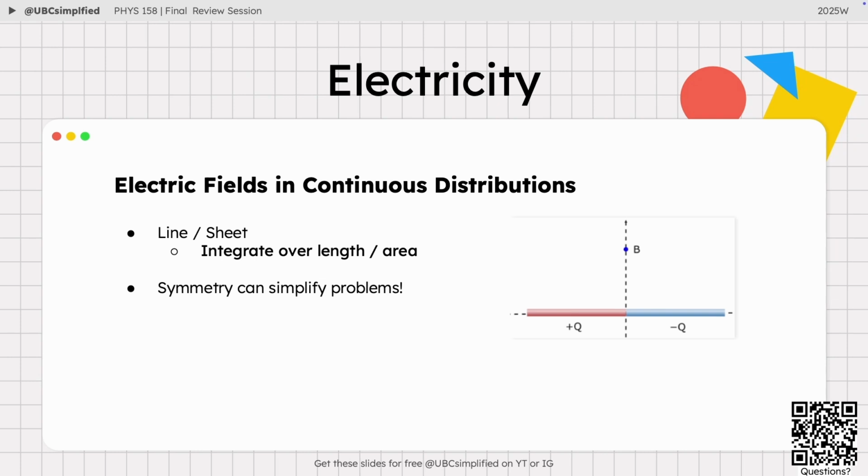One key thing to realize here is that because the field is a vector, you have to do the integration in vectors. So you have to first find the x component and the y component. But you can use symmetry to simplify a lot of problems here.